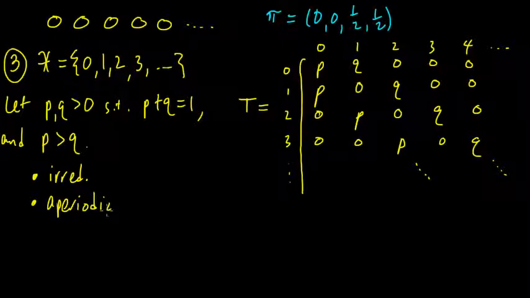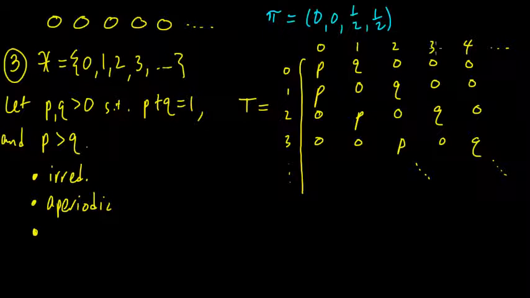It's aperiodic, and so we can use the trick that since it's irreducible, we only need to check aperiodicity at one of the states, and so we can check it at 0. And 0 satisfies the aperiodicity property because the probability of staying at 0 is p. And p is positive, so aperiodicity is satisfied at all the states, and so it is an aperiodic chain.